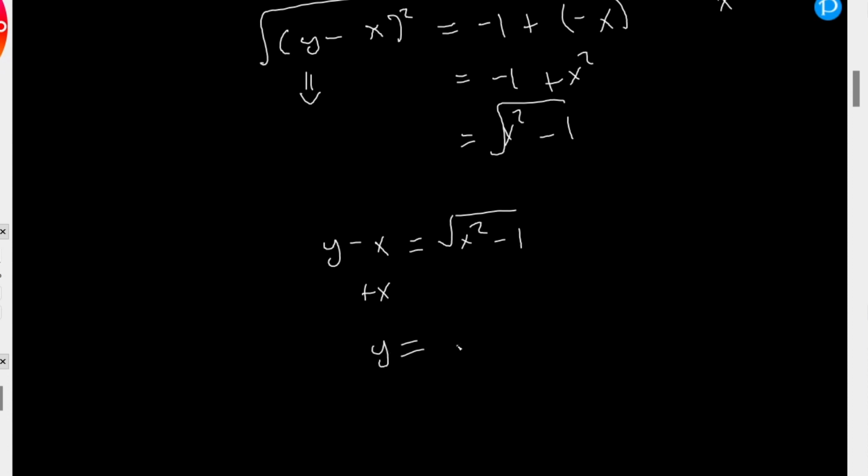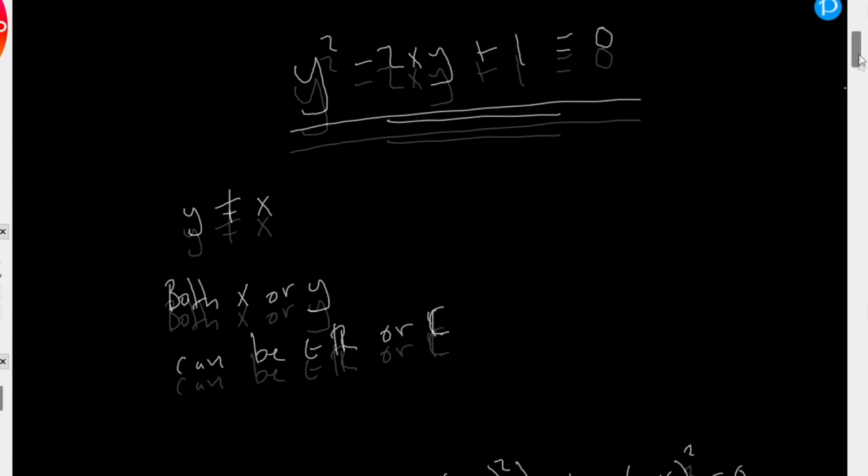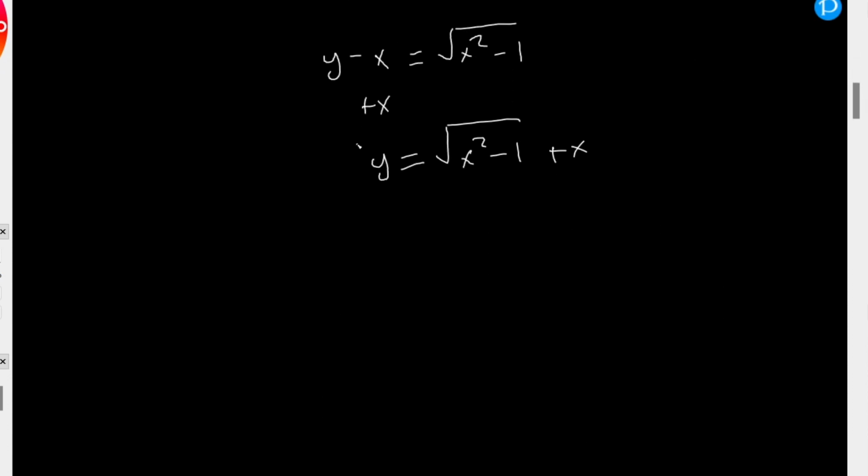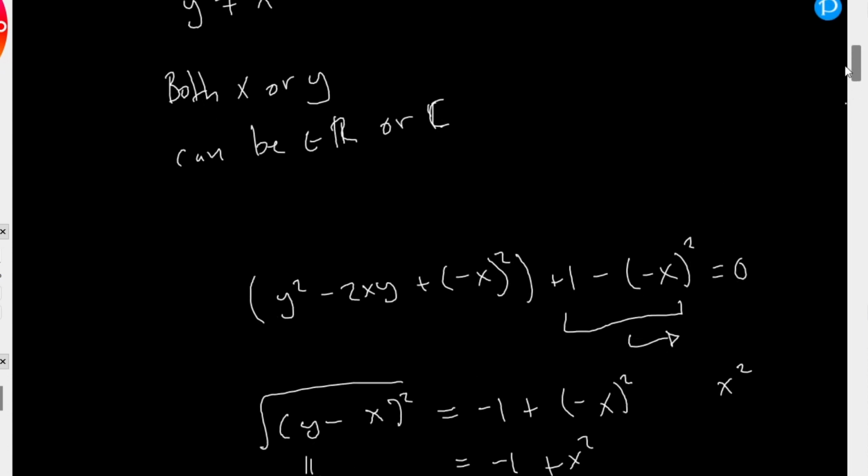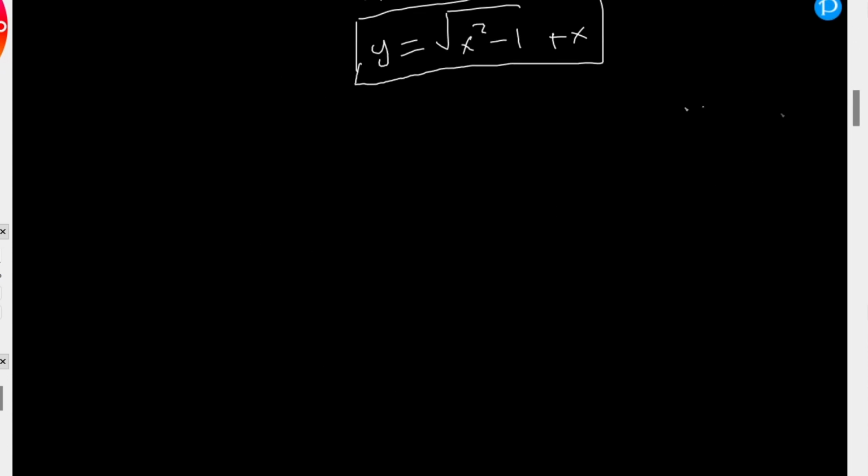What we have is that y is equal to the square root of x squared minus 1, plus x. So we figured out what y is in terms of x, and we can plug this y back into the equation and solve for x.